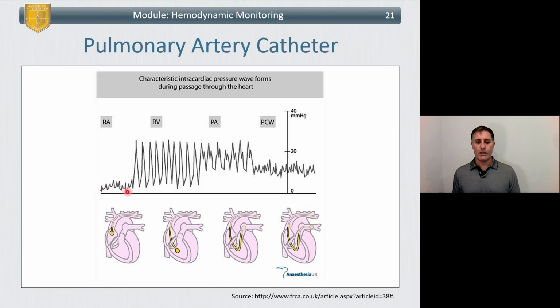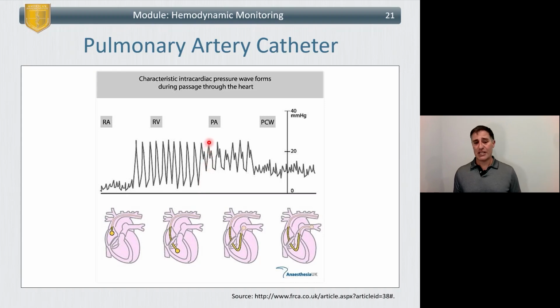And then all of a sudden we enter into the ventricle, and there's two ways of knowing that. The first one is all of a sudden the pressure shoots up, right? The other way is often this kind of tickles the heart and gives you a little ectopy. So that's another way to know you're in the ventricle. But if you see this big systole and diastole, that's the right ventricle. And the way you know you've entered the pulmonary artery is that the diastolic side all of a sudden picks up, right?